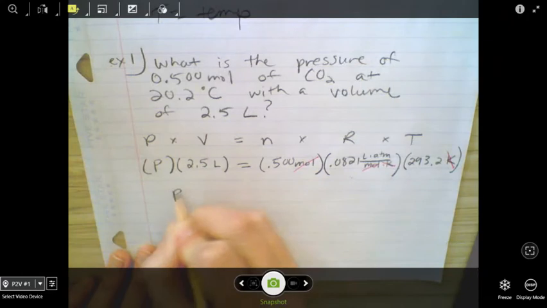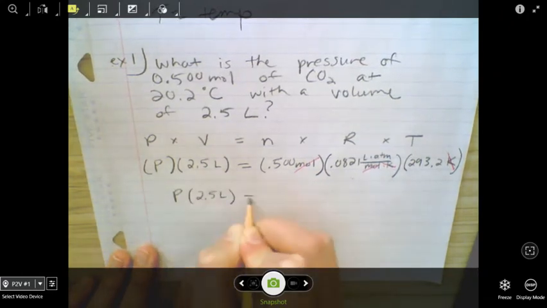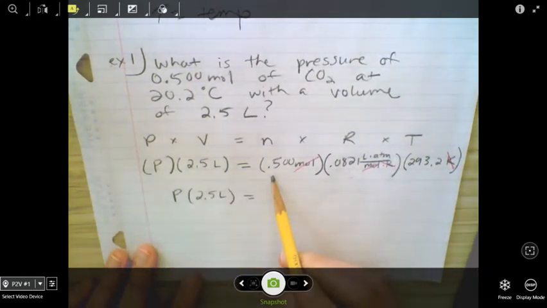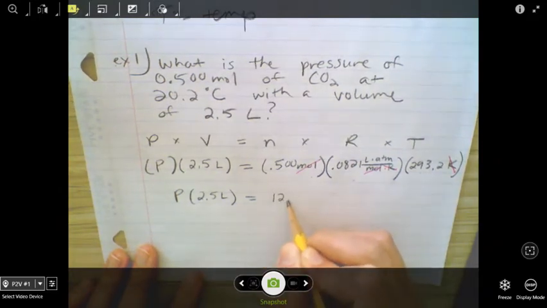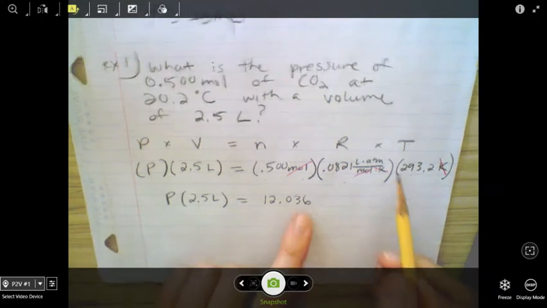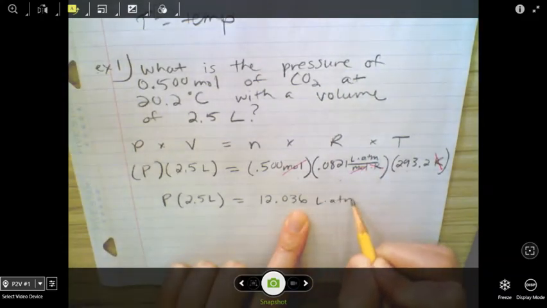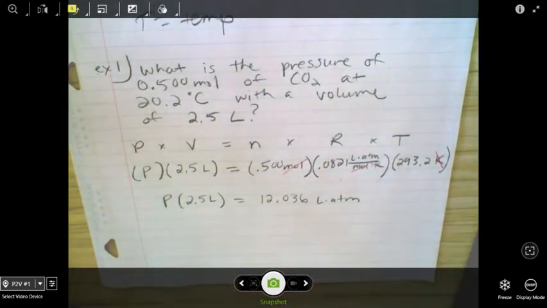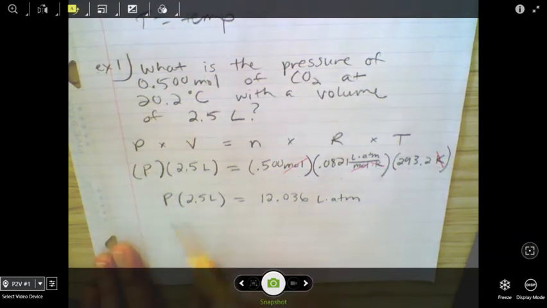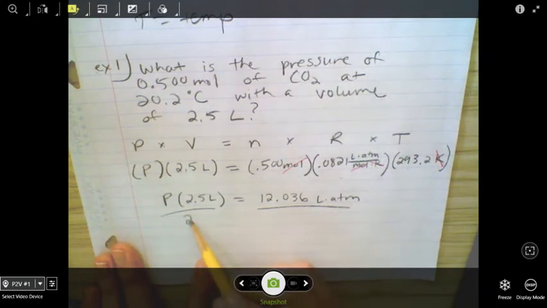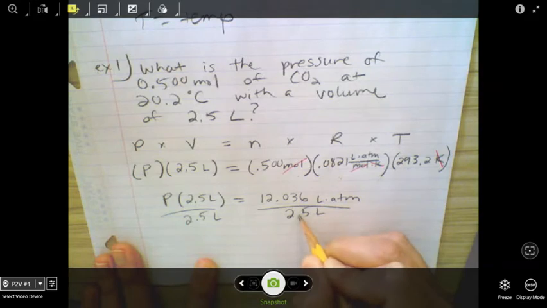This side is going to be P times 2.5 liters. This side, 0.5 times 0.0821 times 293.2 should equal, I'll just tell you what it is, 12.036. And the units are liter atmospheres, L times ATM. So what do I do to both sides? Divide by 2.5, because we want to get P by itself. Divide by 2.5 liters, divide by 2.5 liters.